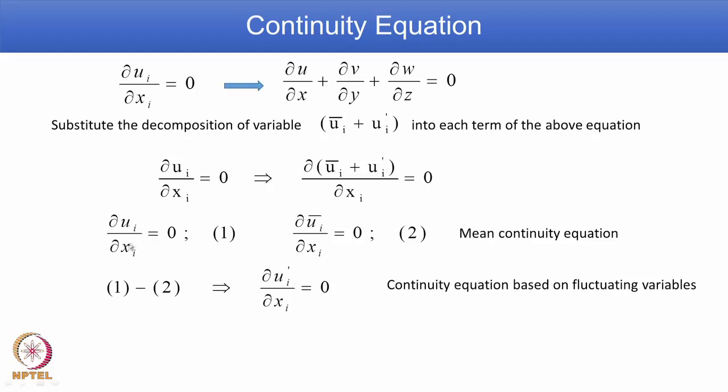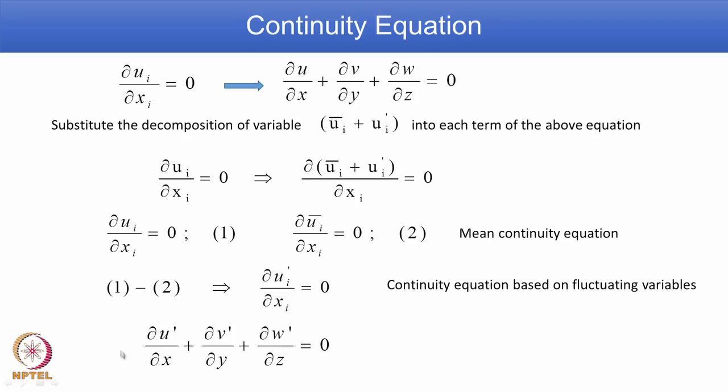If you substitute, you get two separate equations, one based on the mean quantity, another based on the fluctuating quantity. In the expanded form, you write ∂u'/∂x + ∂v'/∂y + ∂w'/∂z = 0.